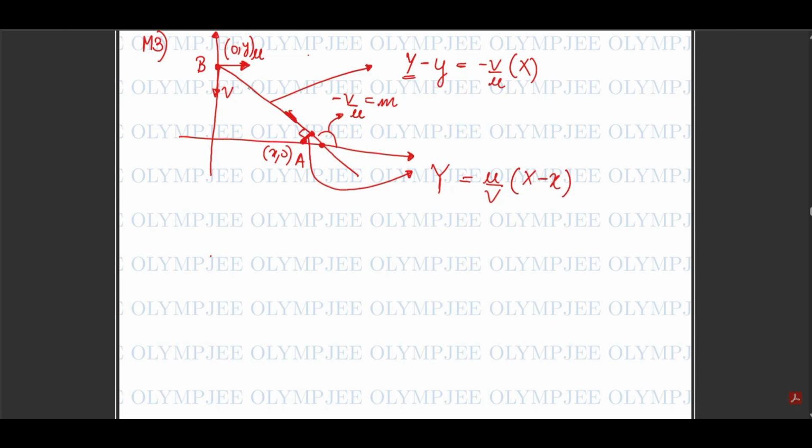We will find only the x coordinate of the intersection because we know the velocity of B in x direction, which is u. So we can find the time using that. I'll show you how. So I am substituting this y into this y.